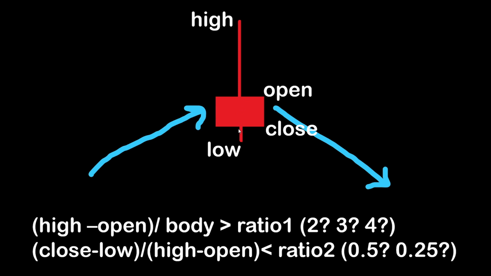So this tail here divided by the long high tail should be equal to 0.5, 0.25, something that the user or you will be tuning or optimizing according to the market. So just keep in mind that we have those two ratios here, ratio 1 and ratio 2.